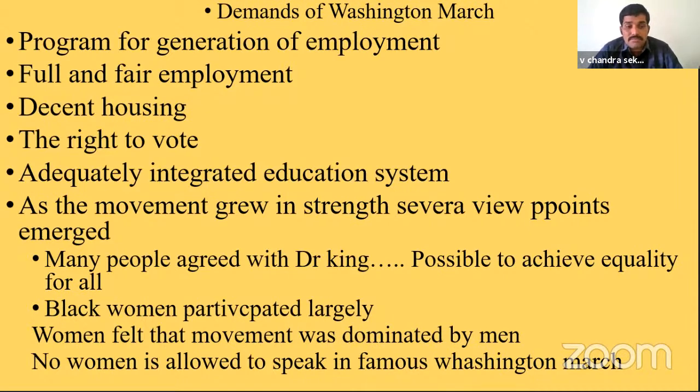At the same time, another discrimination was raised in the Washington March, that is against black women. They participated very actively in large numbers, but in the famous Washington March, they didn't give women a chance to speak. Women didn't get any chance to speak at the Washington March.